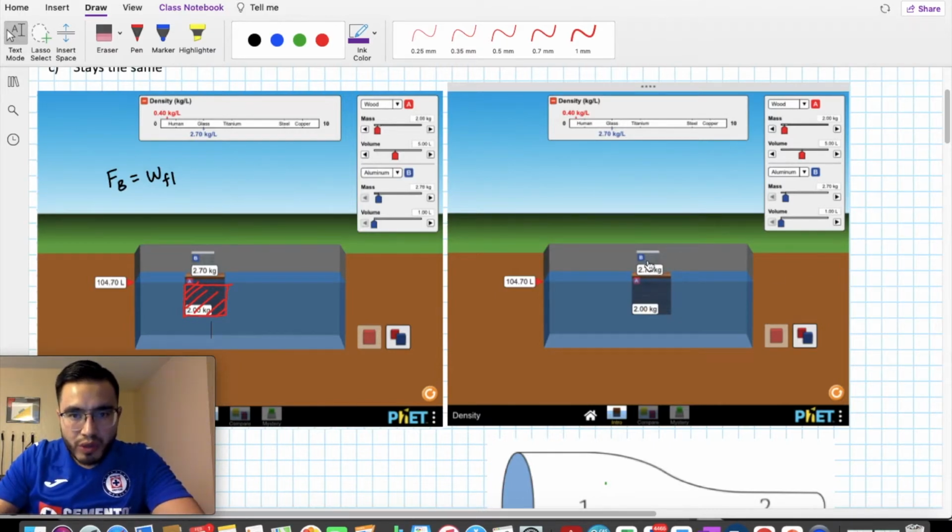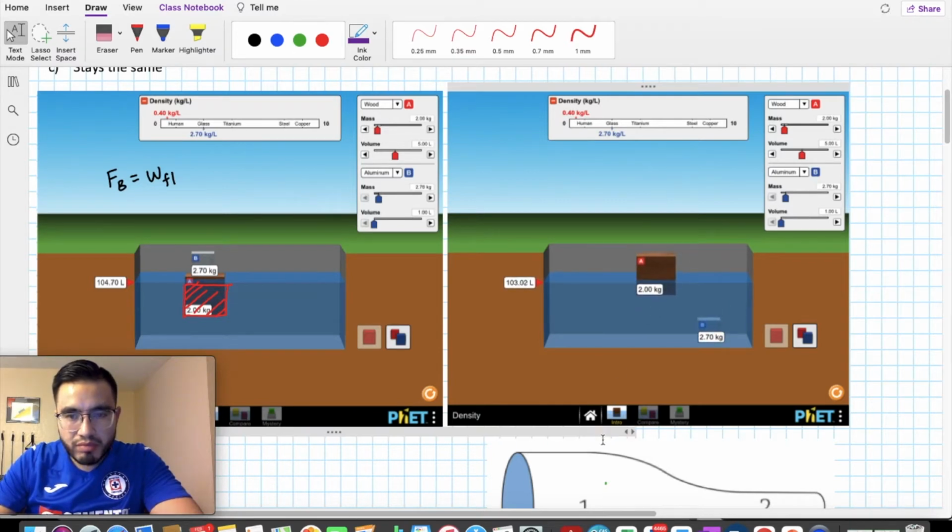We're going to move this aluminum cube so that it sinks, and we'll see what happens with the water. Okay? Notice the water level is 104.7 liters, and boom, the water level went down 1.7 liters. Why is that the case?